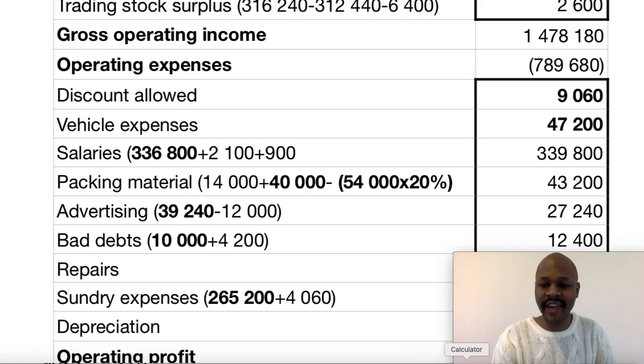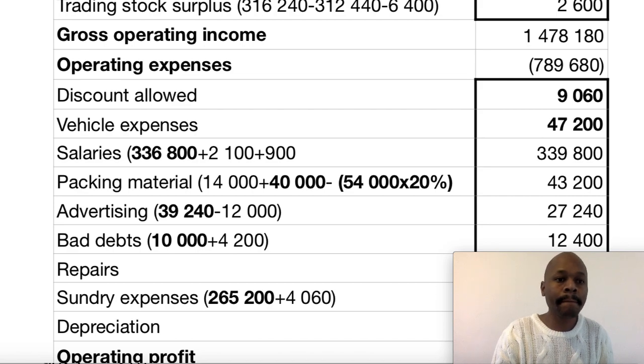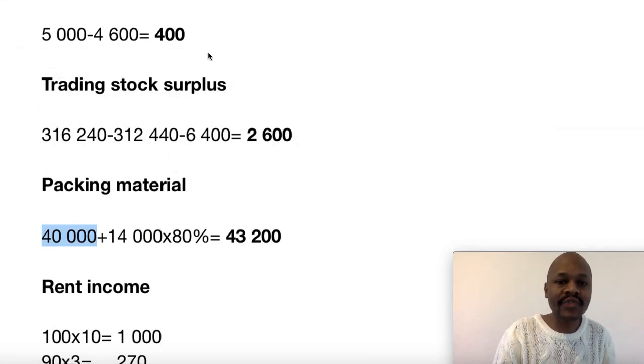Then we are told that we have trading stock there on hand. Remember, we have trading stock deficit and trading stock surplus. In this case, we have a trading stock surplus, and trading stock surplus is taken to our income.